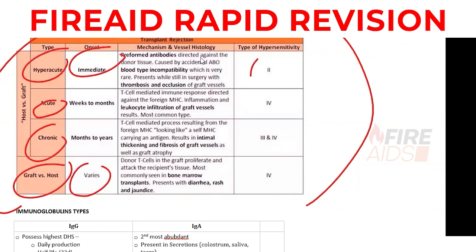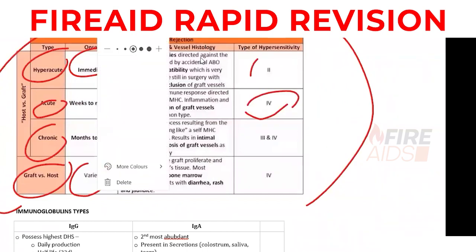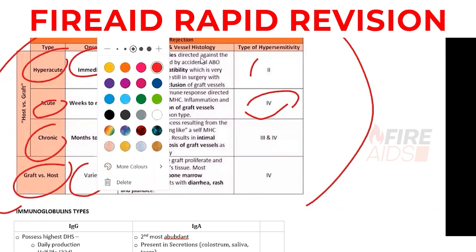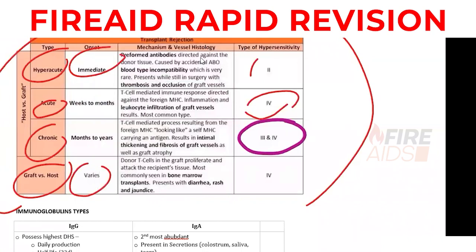hyperacute is type 2 hypersensitivity reaction. Acute is type 4 hypersensitivity reaction. Chronic is type 3 and type 4 hypersensitivity reaction. Graft versus host is type 4 hypersensitivity reaction.